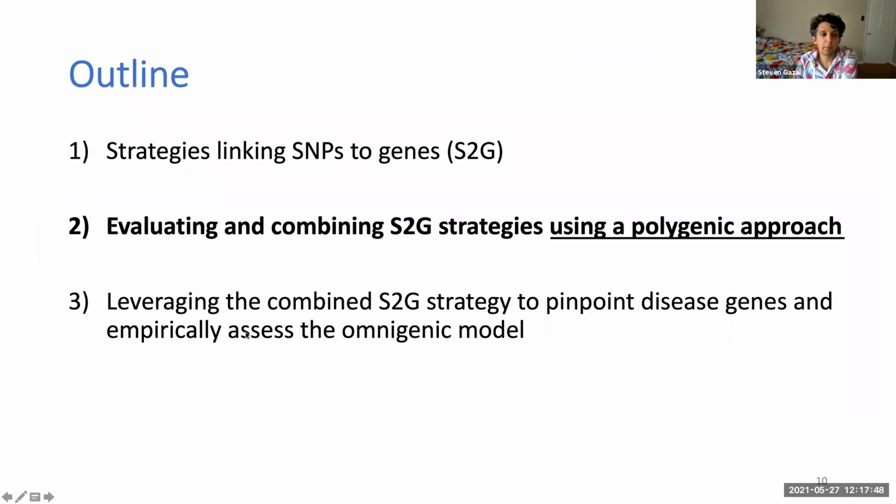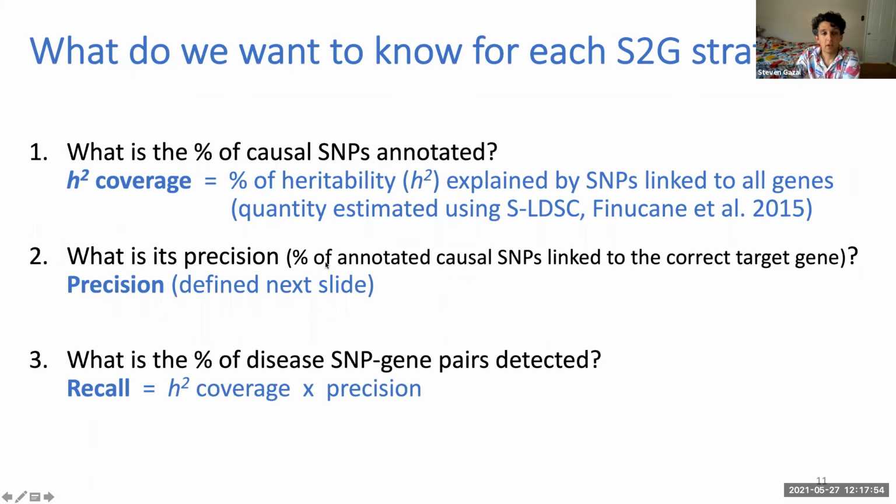Okay, so now we talk about the framework I've developed to evaluate and combine these strategies. The first thing we need to do when we compare things is to define the metric we want to maximize.